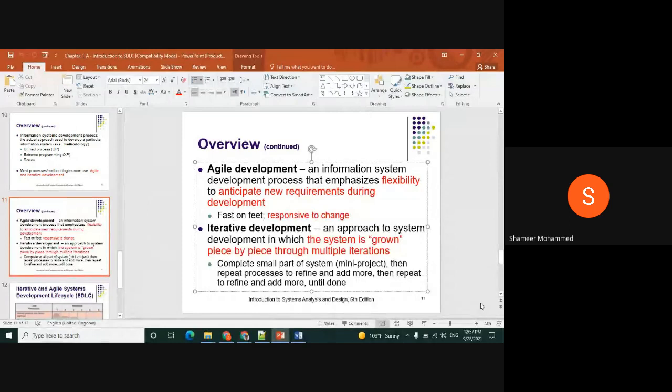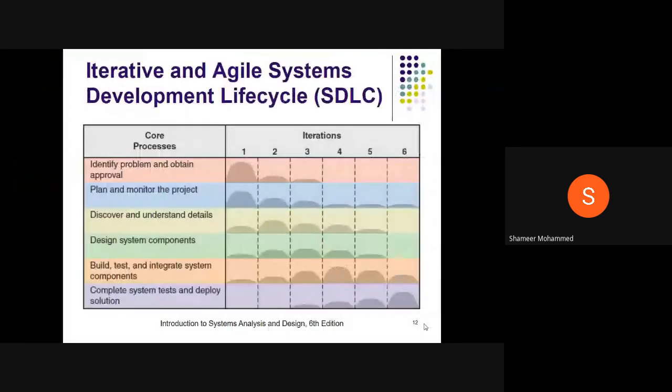See, the example is given here. This is the process in the SDLC. So these are the iterations. Iteration number 1, iteration number 2, 3, 4, 5, 6. For planning, obtaining the data and getting the approval, you are doing 3 iterations: first iteration, second iteration, third iteration.